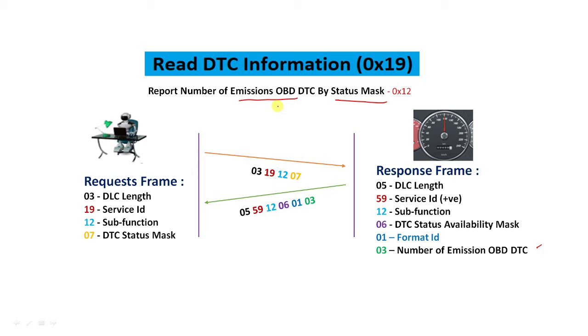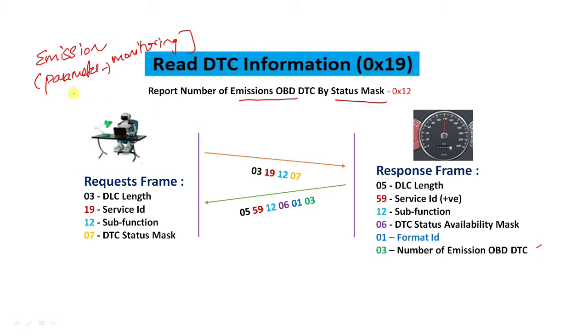So what is emission OBD? First of all, we can split this. Emissions means some parameters that will keep on changing. They are used for monitoring, or helpful to do a health check of maybe the engine, or the car's computer, or some hardware or some software, whatever it is.